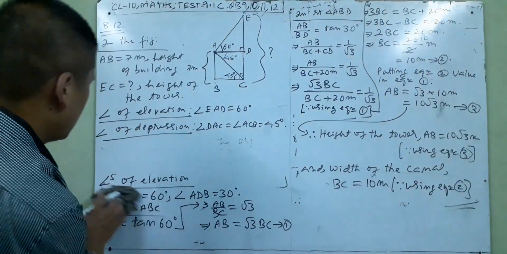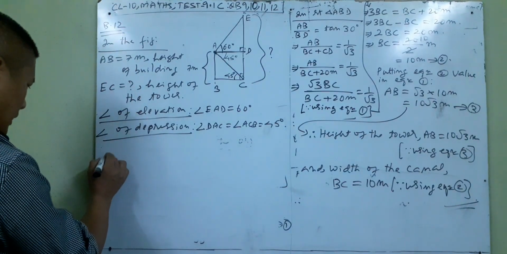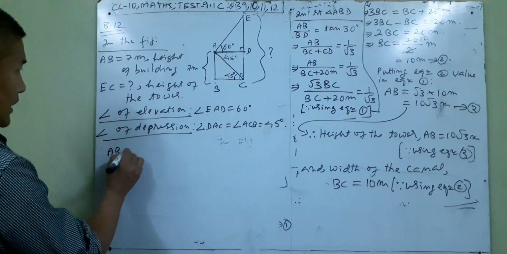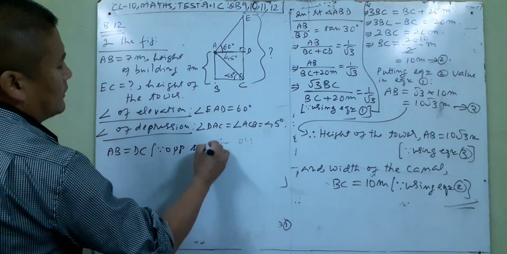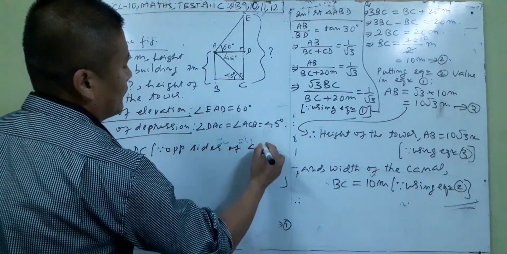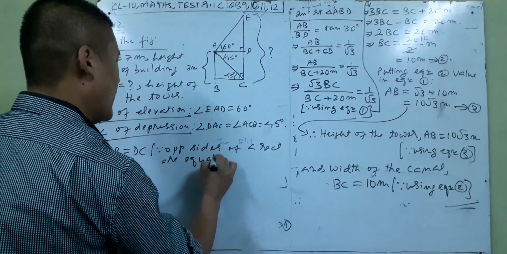Now, please look here. We will write this step by step. First thing, AB equals DC, because opposite sides of a rectangle are always equal in length.